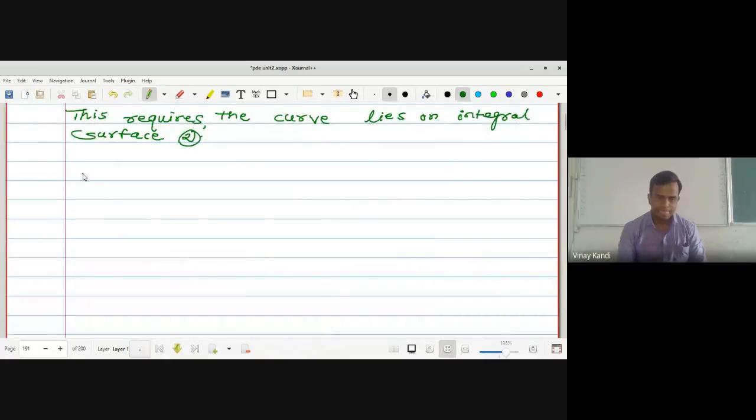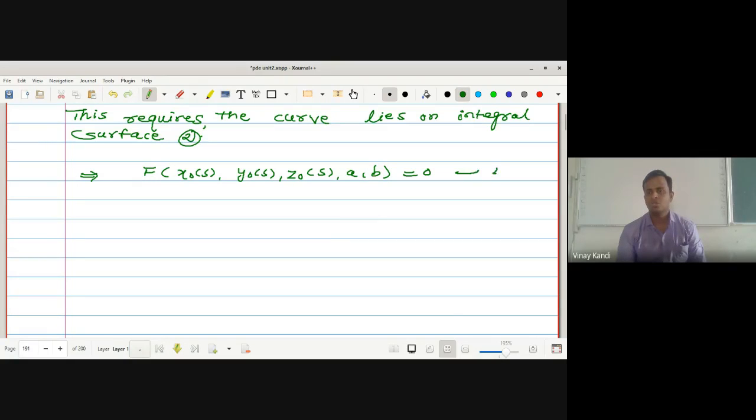That implies F(x0(s), y0(s), z0(s), a, b) = 0, since it satisfies the given complete integral. Give this as equation number 4.